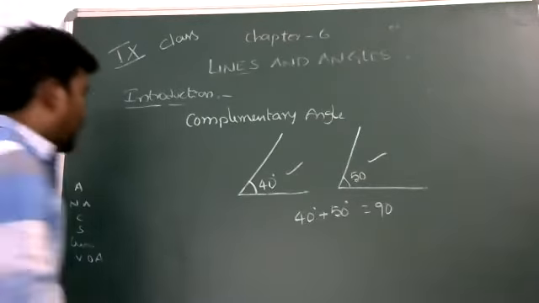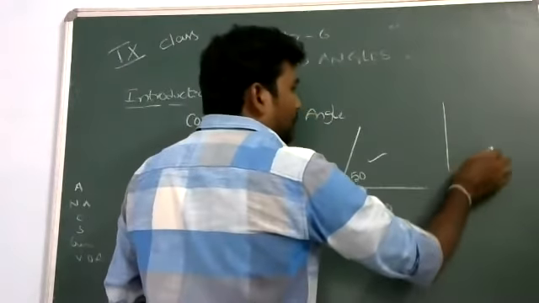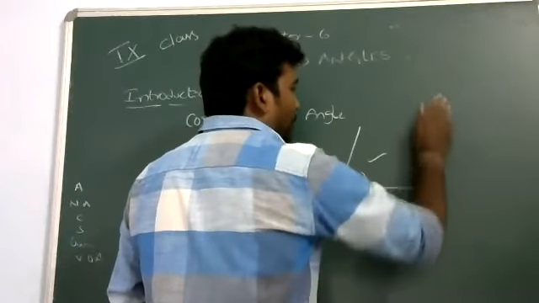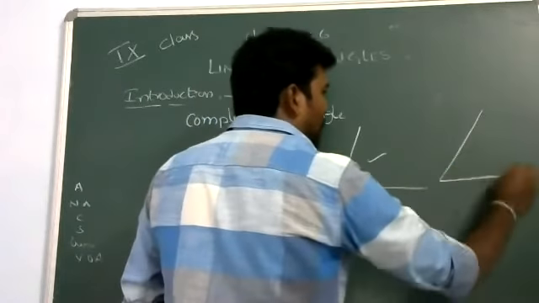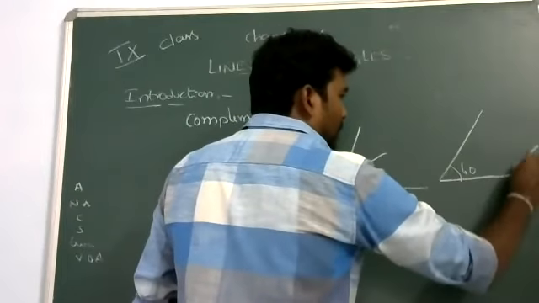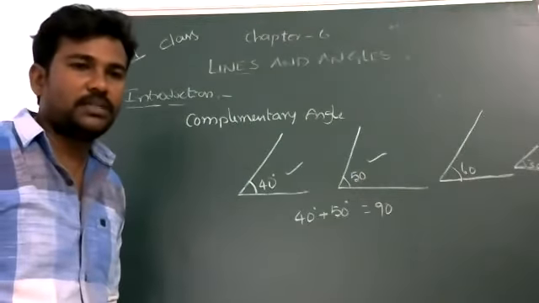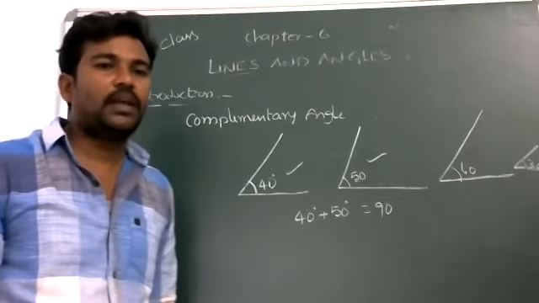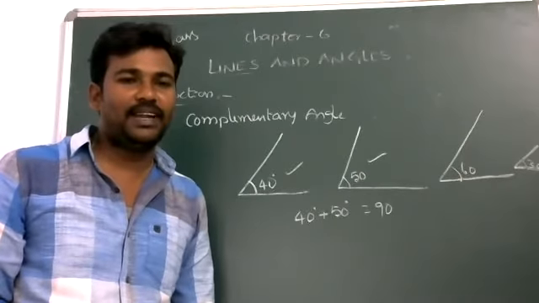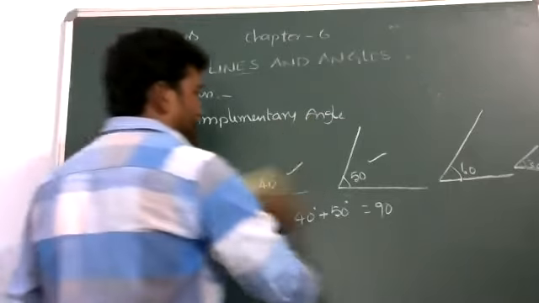Here I am going to write a few more examples. This one is 60 and this one is like this. If the sum of any two angles is 90 degrees, then those angles are called complementary angles.